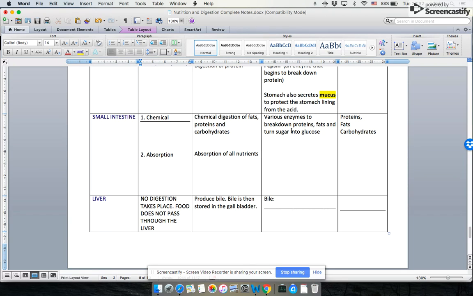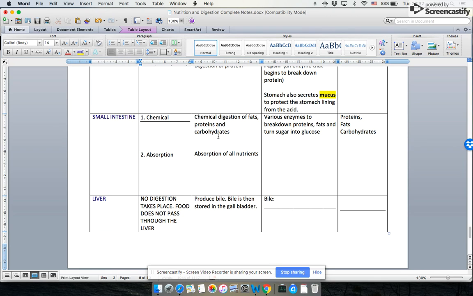There are a number of different enzymes, the names of which you do not need to know, but there are various enzymes that are secreted that help in the digestion of the three main nutrients. Absorption happens in the small intestine, where the nutrients that have been digested are now absorbed into your bloodstream. You will remember from the gizmo that the capillaries had to be found around the small intestine because that is where most of the absorption takes place.